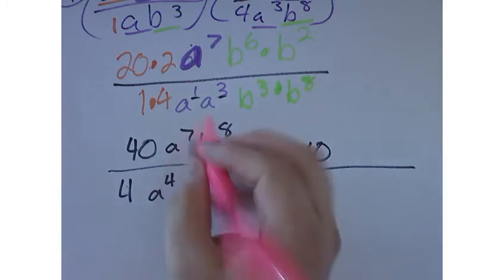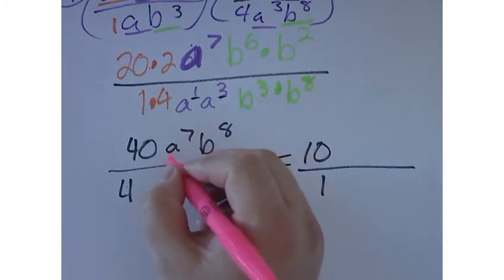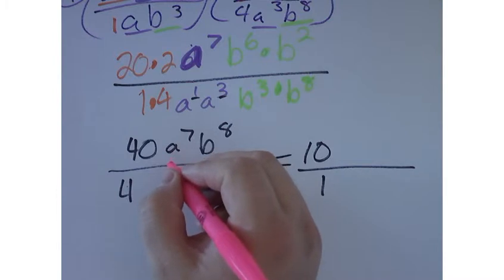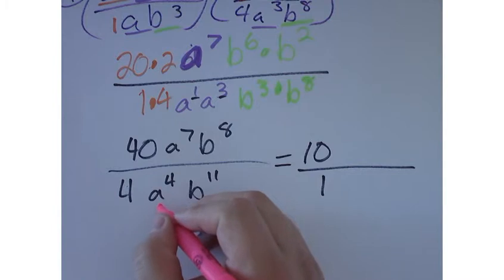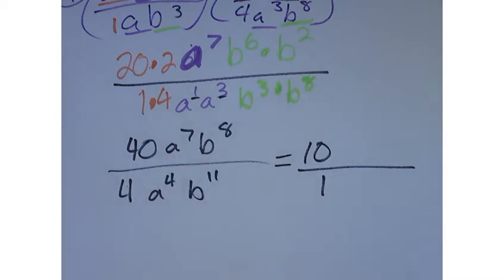Now, a to the 7th means a times a times a times a 7 times on the top. And a to the 4th on the bottom means a times a 4 times, right? So I've got 4 on the bottom, 7 on the top. If I cancel 1 a on the top for every a on the bottom, what will I end up with? 3 on the top, right?